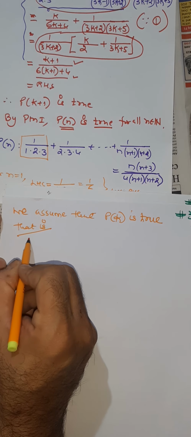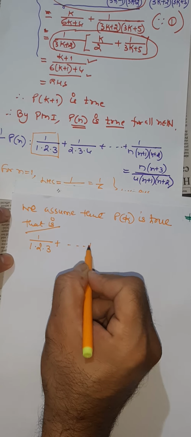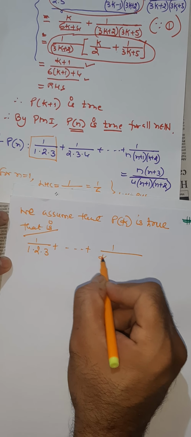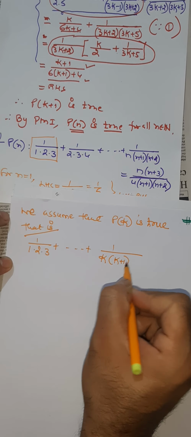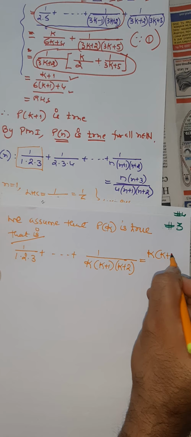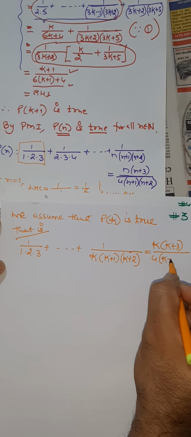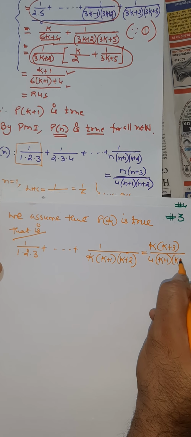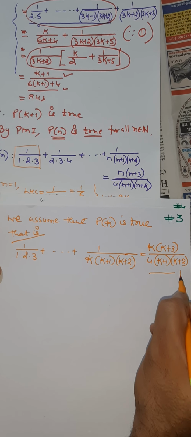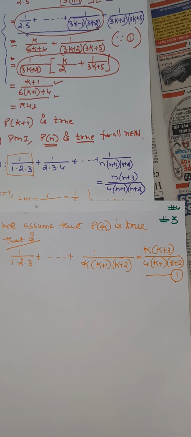So I'm doing that. 1 upon 1 into 2 into 3, and so on, k into k plus 1 into k plus 2 equals k into k plus 3 upon 4 into k plus 1 into k plus 2. This is as we have called in all questions, that's 1.